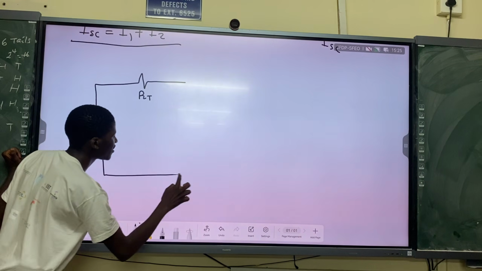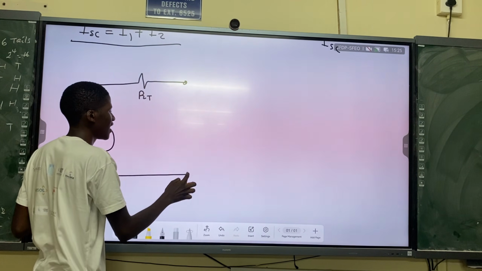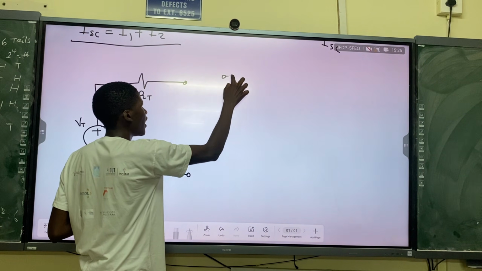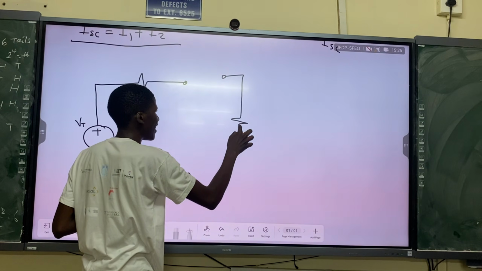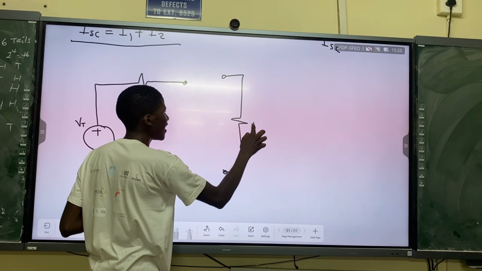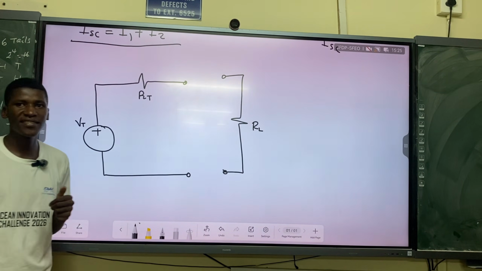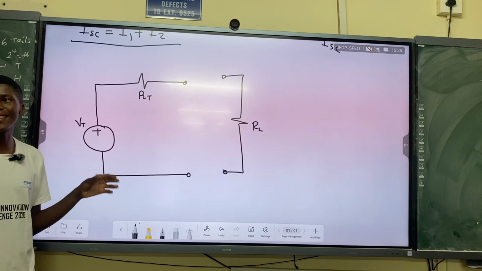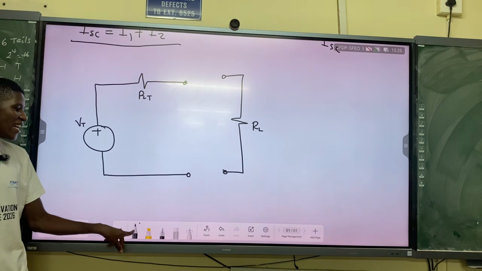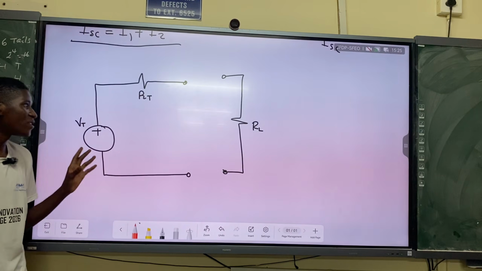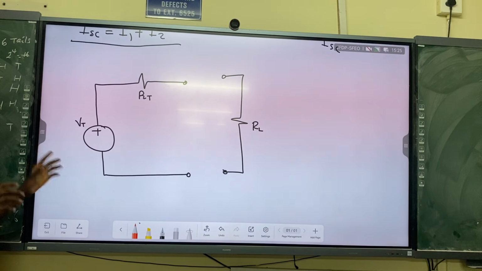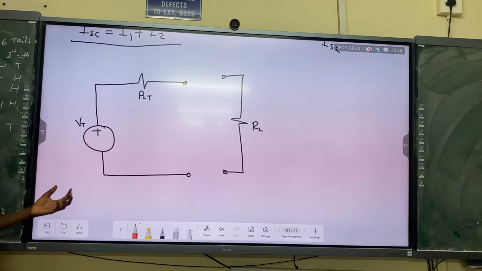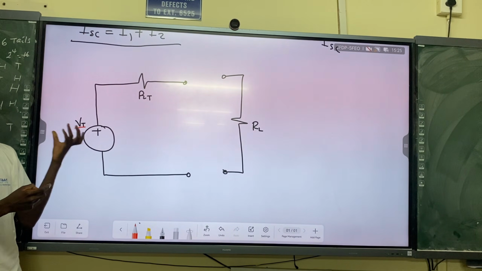Then this is going to be open circuited, and we are going to have our load resistor here on the other side. So your final diagram of a Thevenin's equivalent, according to the theorem, is that we can replace a combination of voltage sources and resistances with just one ideal voltage source.